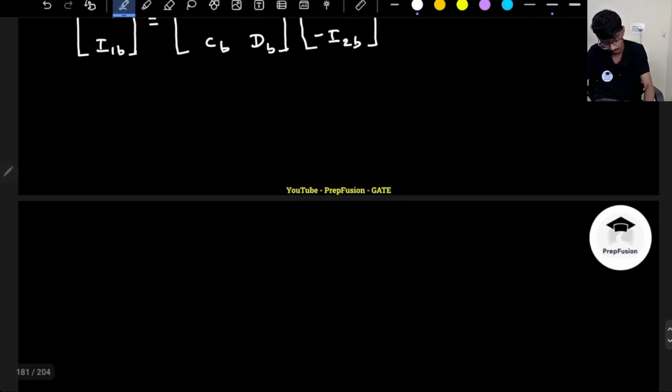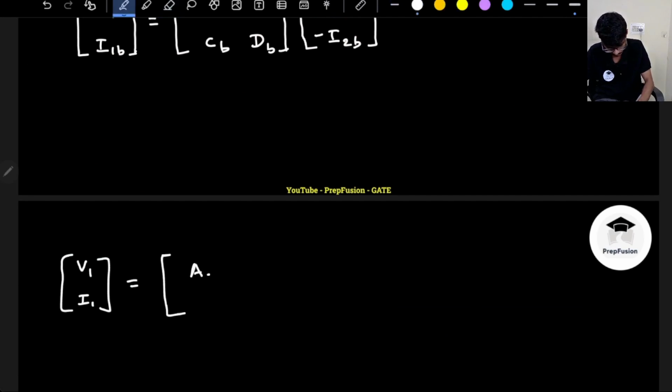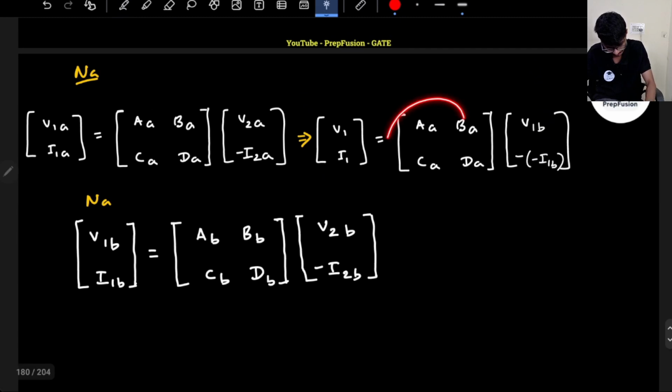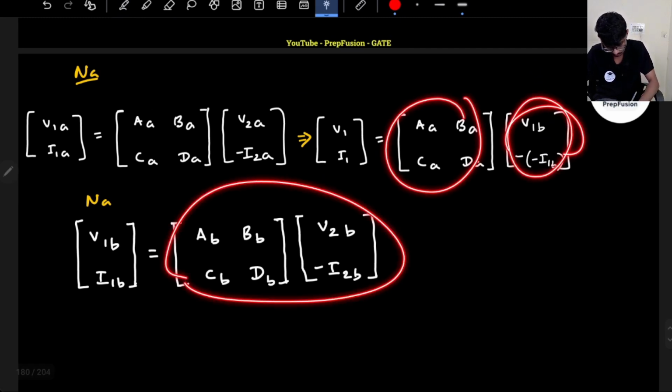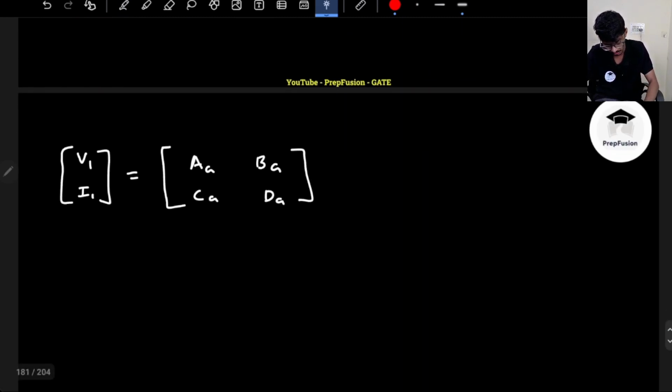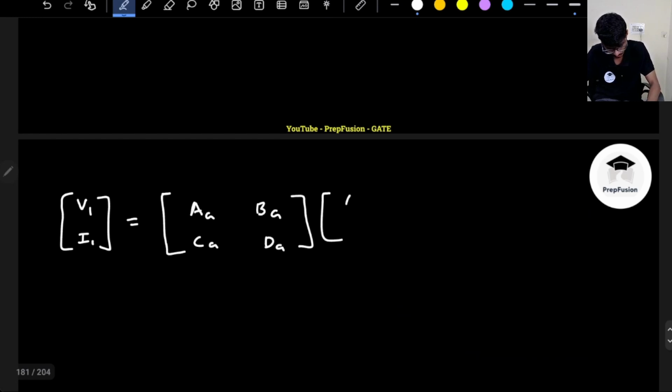Okay. So ultimately my equation will become V1, I1 equals AA, BA, CA, DA is already there. This portion will be there, and this one I will replace with this one. V1B and I1B is this one, so it will be AB, BB, CB, and DB.